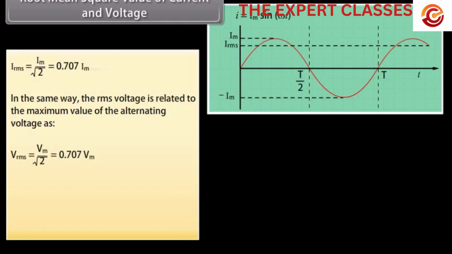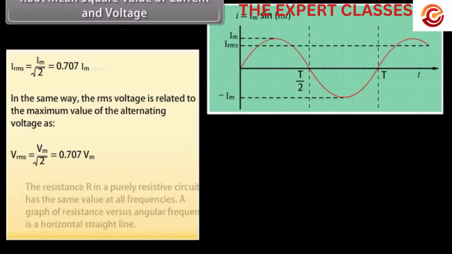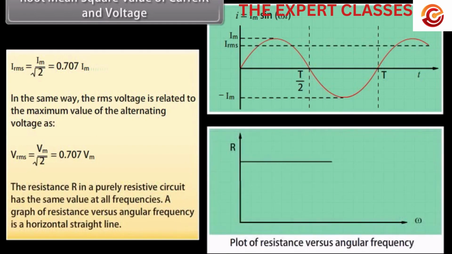VRMS is equal to Vm upon root 2, which is equal to 0.707 Vm. The resistance R in a purely resistive circuit has the same value at all frequencies. A graph of resistance versus angular frequency is a horizontal straight line.